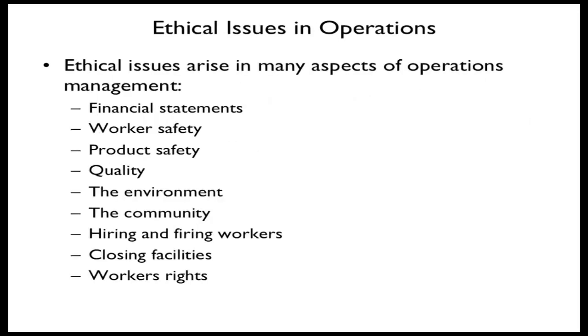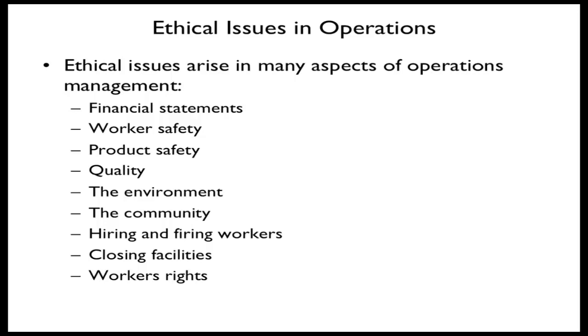Then ethical issues, financial statements. You hear about CEOs going to jail for lying about the finances. Worker safety. Maybe someone gets hurt and you have a class action lawsuit, or, you know, how do you face a family member when you intentionally ignored some safety item and that worker was killed or hurt?